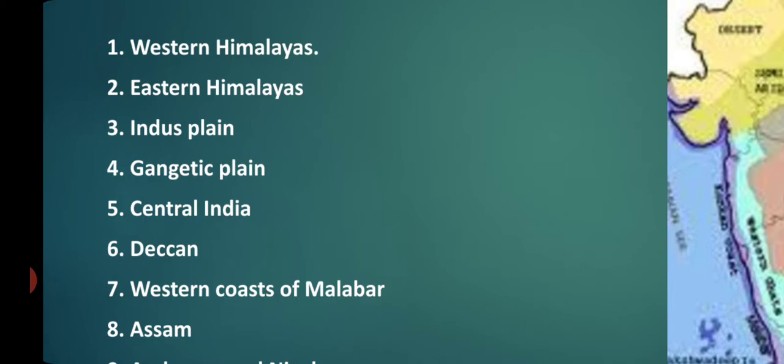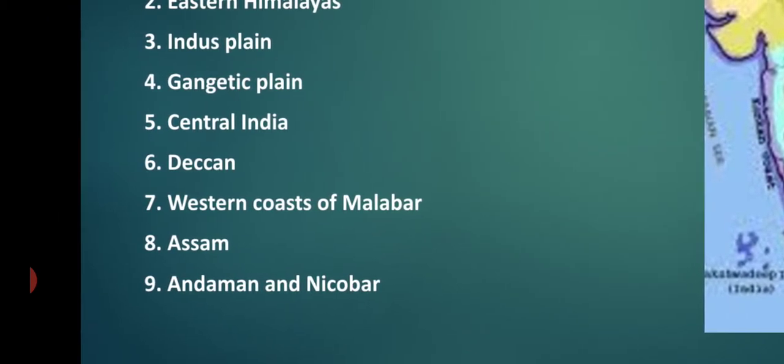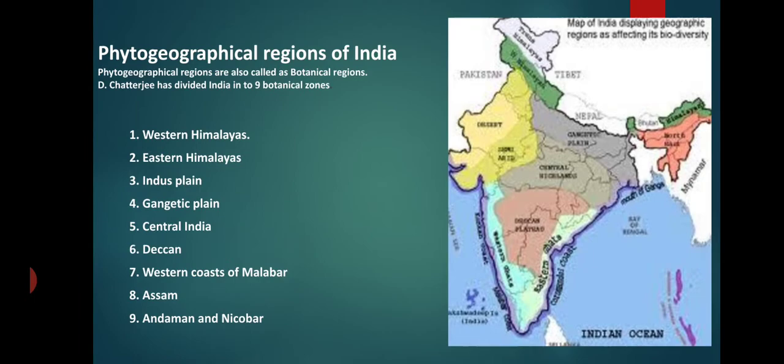And Indus Plain, Gangetic Plain, Central India, the Deccan Plateau, Western coasts of Malabar, Assam, and Andaman and Nicobar Islands. So according to Chatterjee, the phytogeographical regions present in India are of 9 categories, and Western Himalayas and Eastern Himalayas are again subdivided into 3 subzones, that is submontane, temperate and alpine zones.